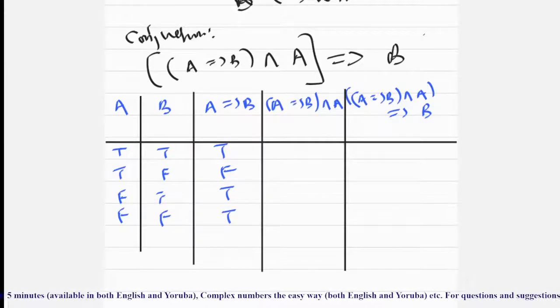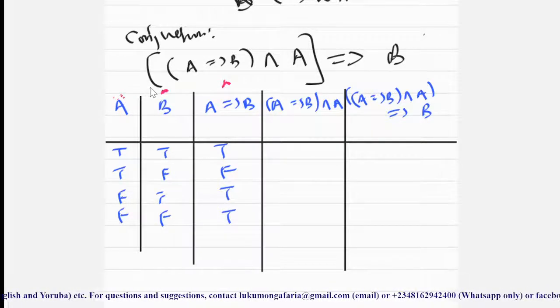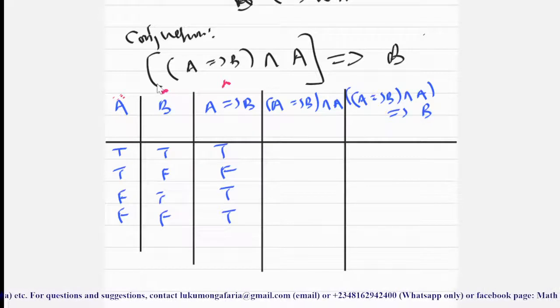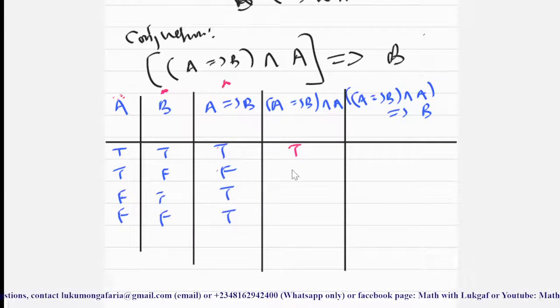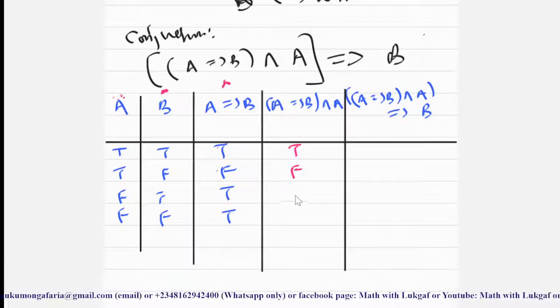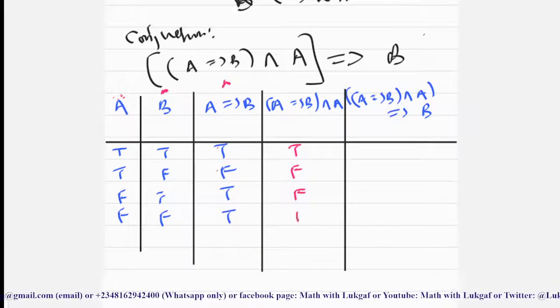Then now we have to marry this guy, that is A implies B, and A. So that is this guy with this guy. Don't forget, the only time you are going to have true when you combine them together is when they are both true. So true and true will be true, false and true will be false, true and false will be false, false and false will also be false.